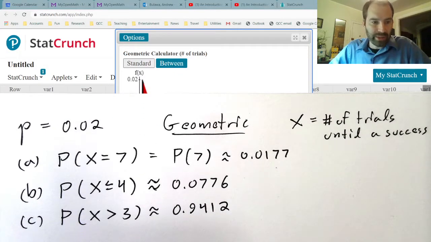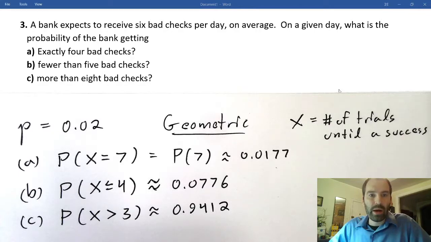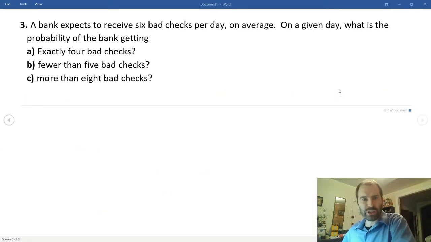Okay, let's look at the next problem. A bank expects to receive 6 bad checks per day on average. On a given day, what is the probability of the bank getting... Okay, well, here are our questions. So what are we given here? We're given the average number of checks that are bad per day.